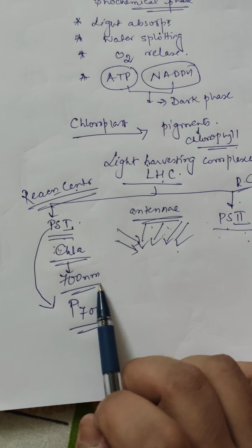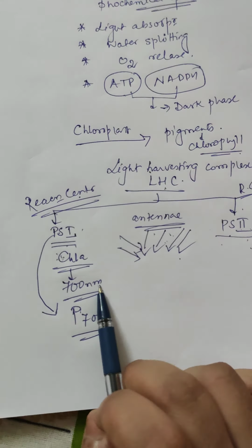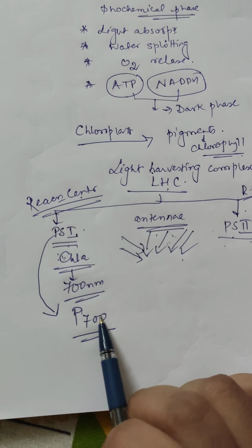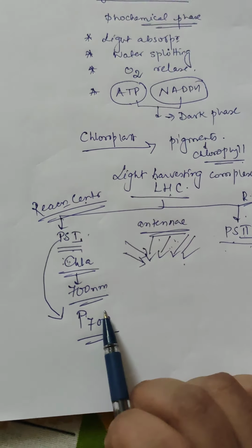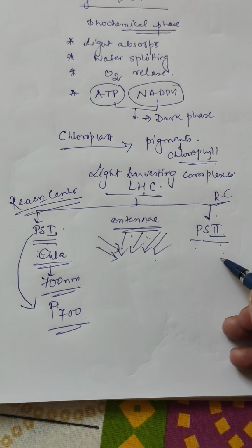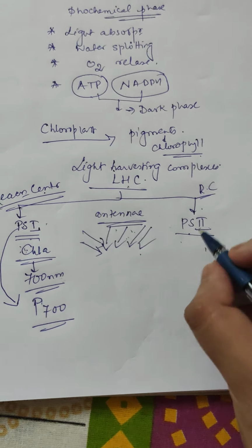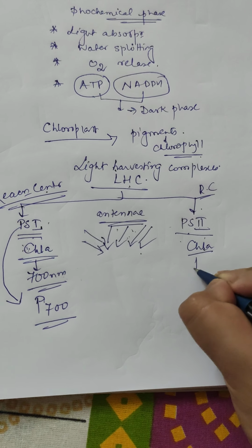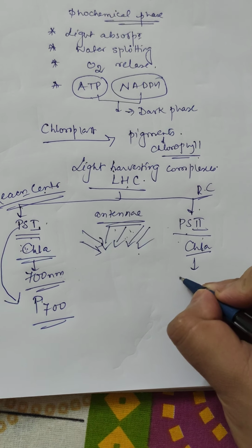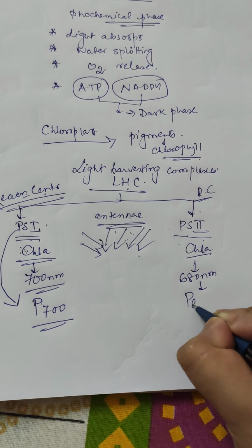Remember, this is the maximum range of absorption. While in photosystem 2, the chlorophyll A in the reaction center has a maximum absorption at 680 nanometer, and hence it's known as P680.